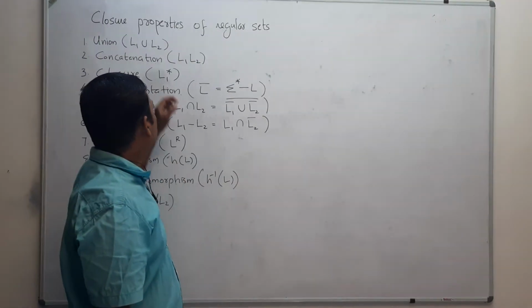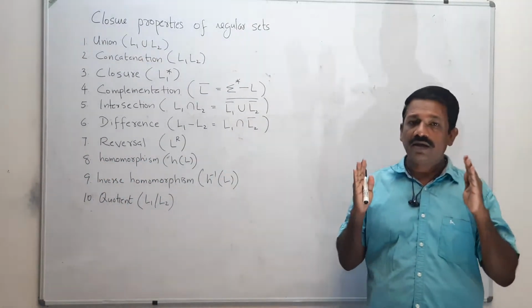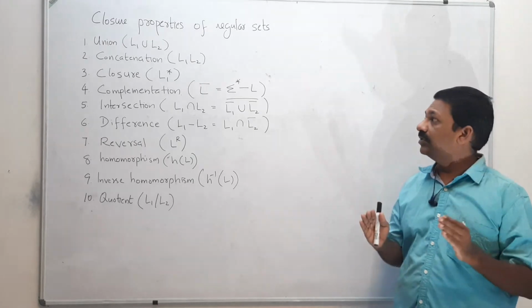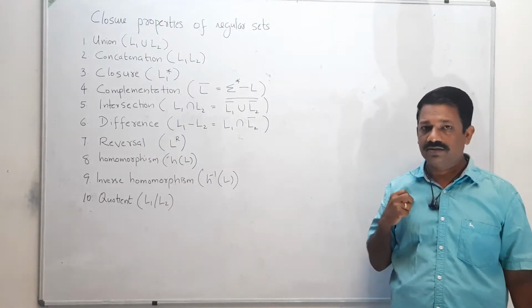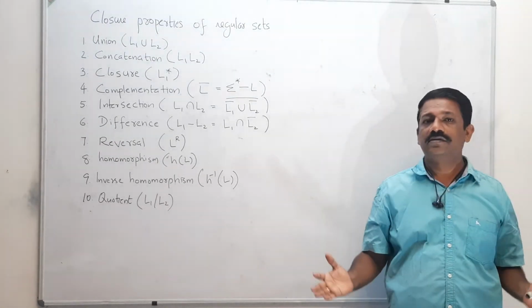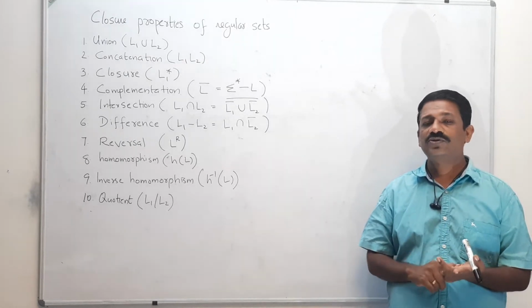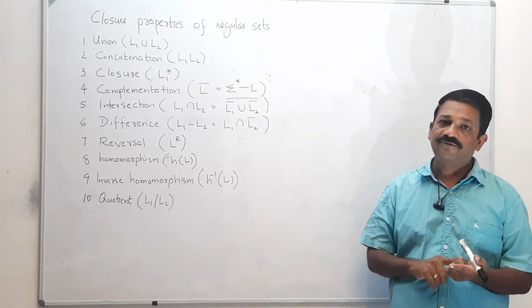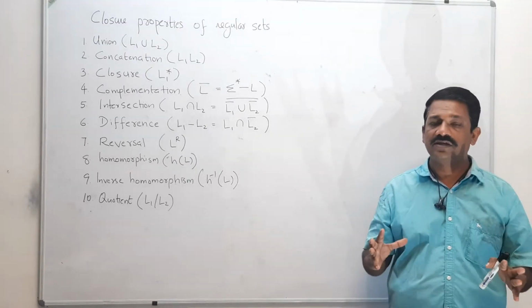Now we are going to discuss the closure properties of regular sets. As you know, a regular set means a regular language, and a language is said to be regular if there exists a finite automaton accepting it. We have discussed the various tools: NFA with epsilon transition, NFA without epsilon transition, DFA, and the various representations of regular sets.